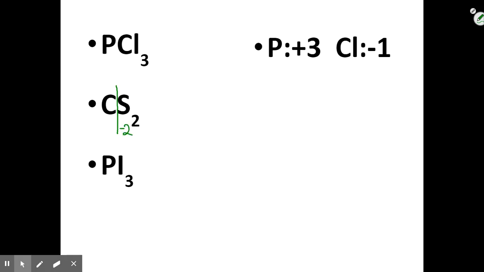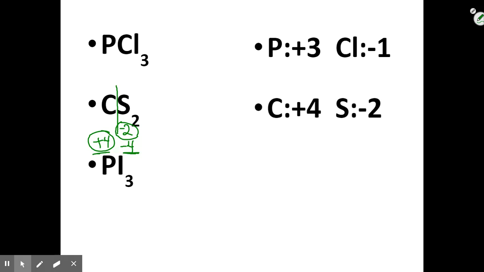So -2 times 2 means this side is going to total up to -4. Since this side and over here for carbon have to total 0, then the carbon has to be +4. So my answers for oxidation numbers here will be carbon is +4, each sulfur is -2.